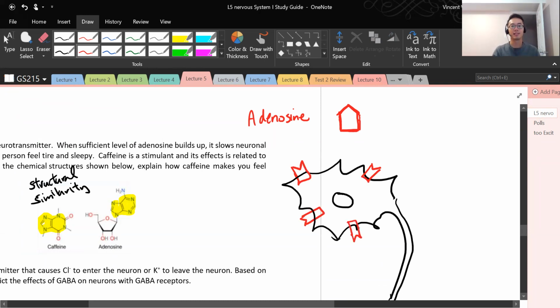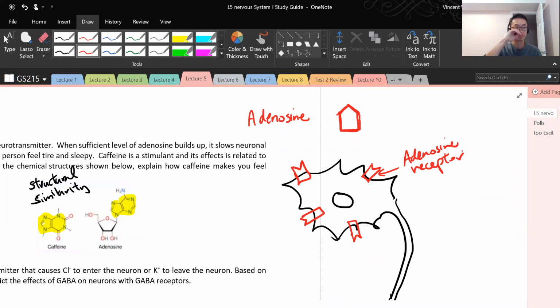Does that make sense? This is like the adenosine receptor. Does the picture make sense? That's the first thing. Yep. Okay, thank you.